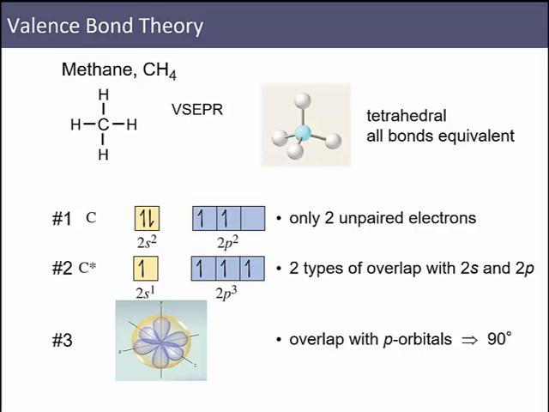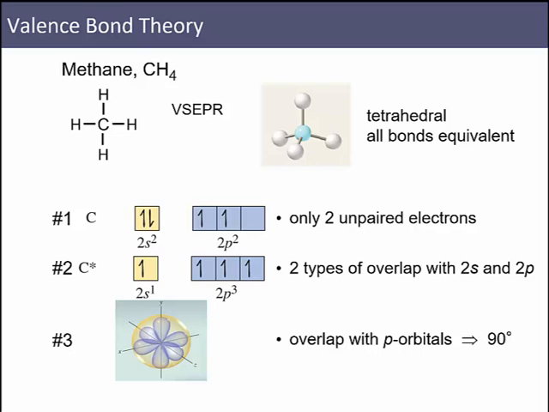Let's take a look at methane. Our Lewis structure here for methane kind of looks like a plus shape. VSEPR predicts that we're going to have tetrahedral with all bonds being equivalent. If we look at our carbon, it's only got 2 electrons to work with. We can try to promote one of these electrons from our s orbital into our p orbital.